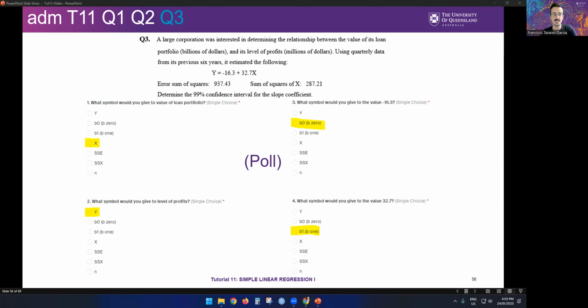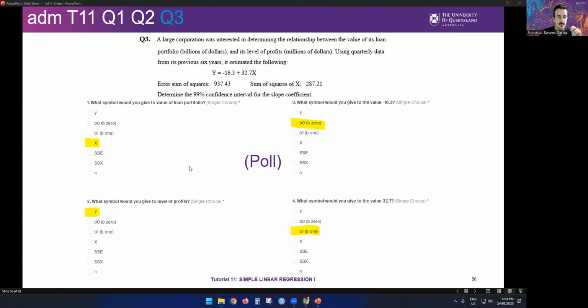So that's why it makes more sense to have profits being explained by the size of the portfolio. So size of the portfolio is the X, the independent variable, and profits is the Y, the dependent variable. Then, as you have here, minus 16.3 is our B0, and 32.7 is our B1. Let me put the numbers on it.